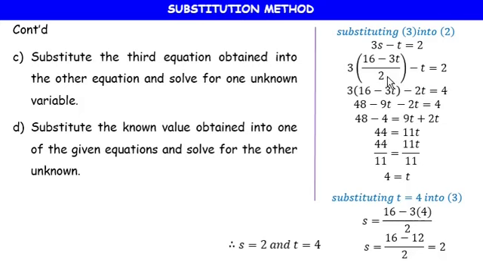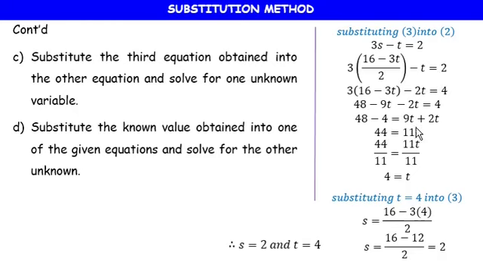Because we want to get rid of this denominator 2, you multiply it through by 2. It will cancel out, leaving us with 3 into bracket 16 minus 3t minus 2 multiplying t, so 2t, is equal to 2 multiplying 2, giving us 4.